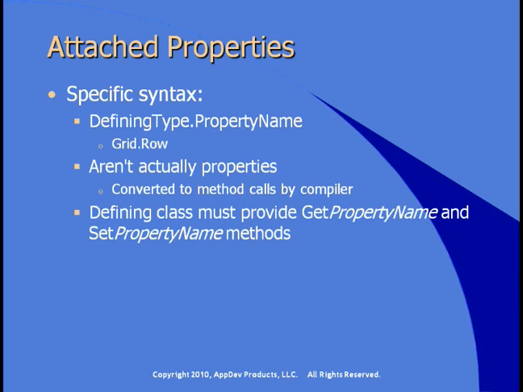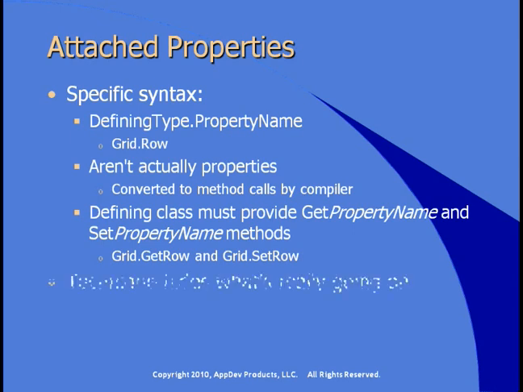So when you use the grid.row property, the compiler converts it to a method call to get or set the row property on the grid. So the grid must supply a grid.getRow and grid.setRow method to get and set the value of those properties for the particular child control.